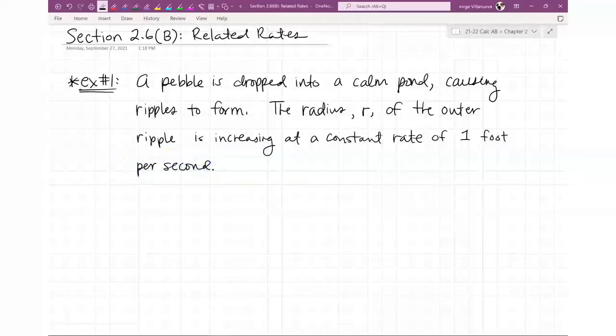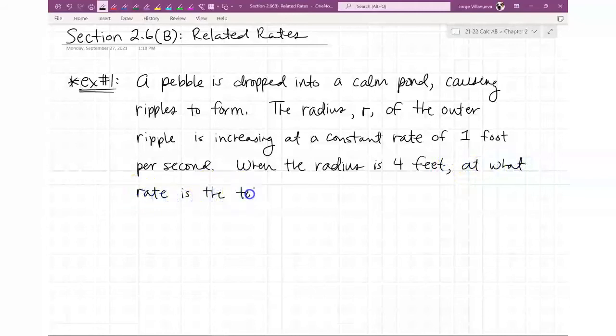When the radius is 4 feet, at what rate is the total area A of the disturbed water changing?